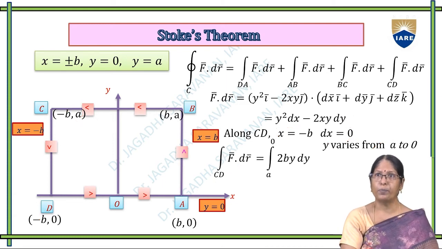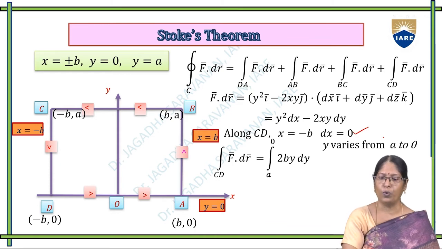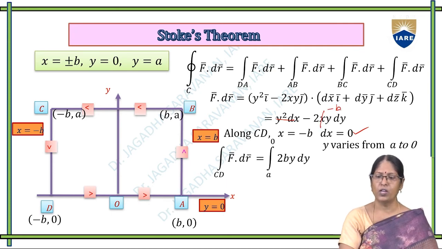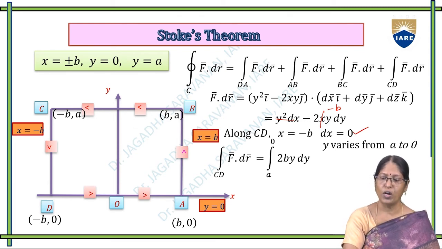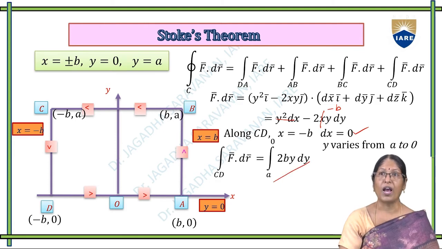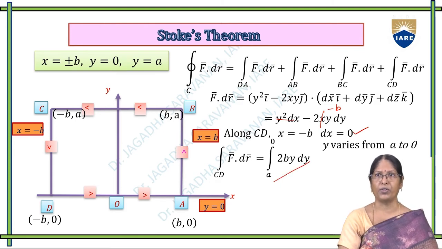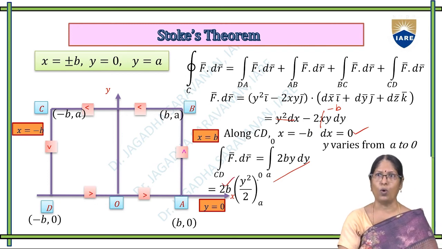When we substitute here, dx equal to 0, so this completely vanishes, and x is replaced by minus b. So minus 2 into minus b, we get 2b dy. Now we have to do the integration, that is 2b outside, y dy.